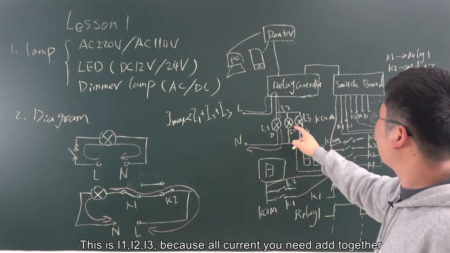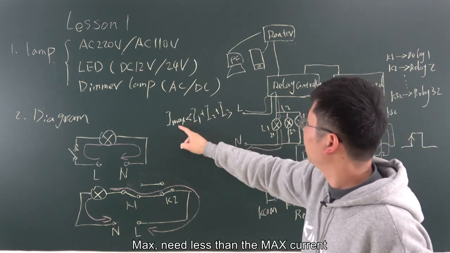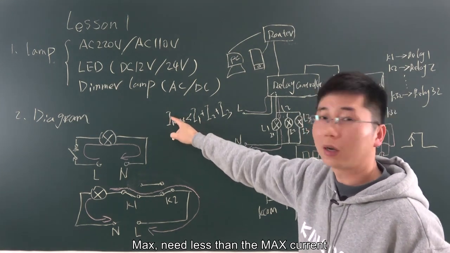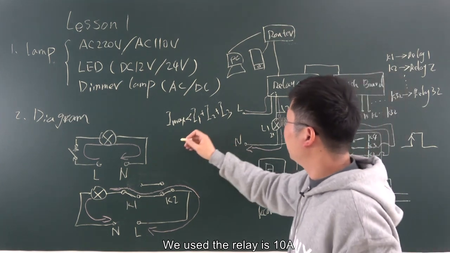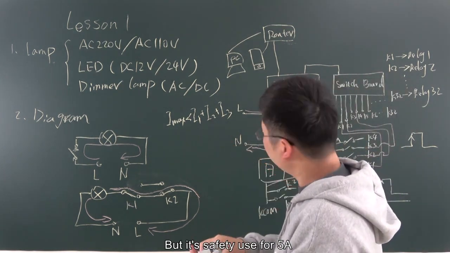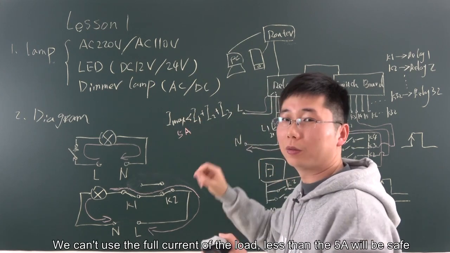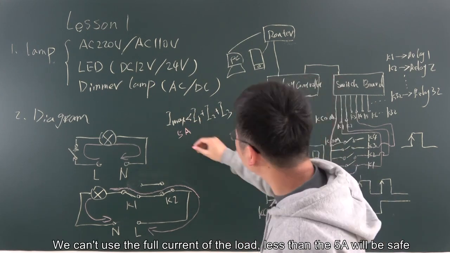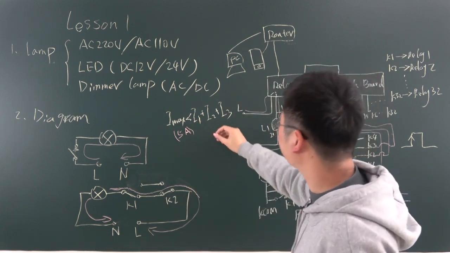Because all the currents add together, the total needs to be less than the max current. We use a 10 ampere relay, but for safety we use 5 ampere. We can't use the full current of the load. So less than 5 ampere will be safe.